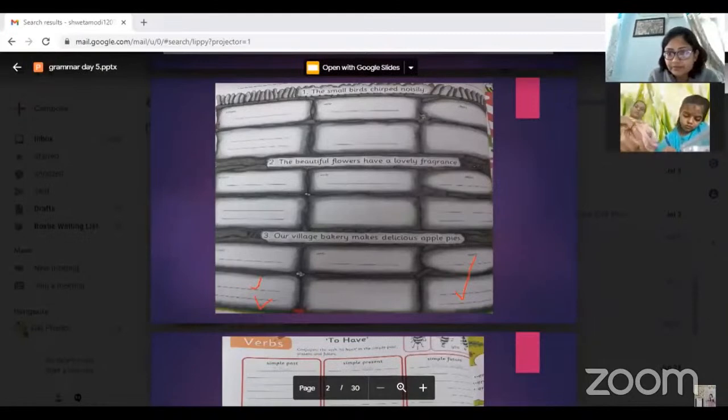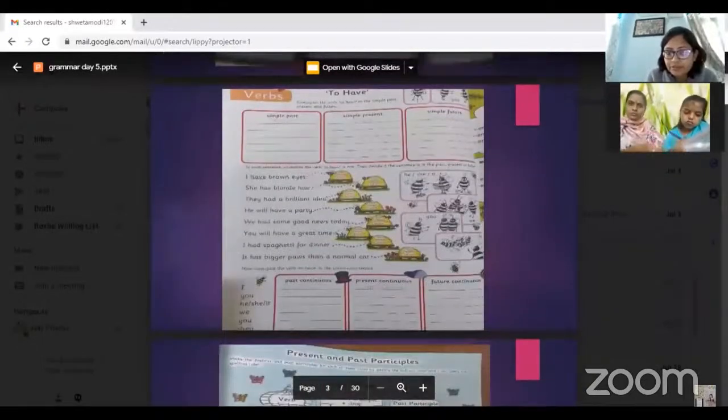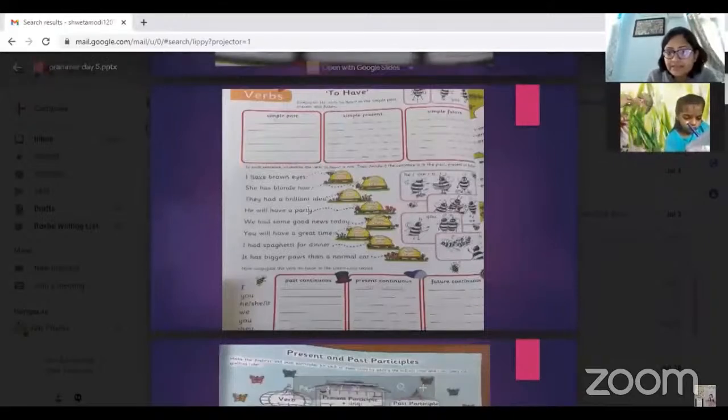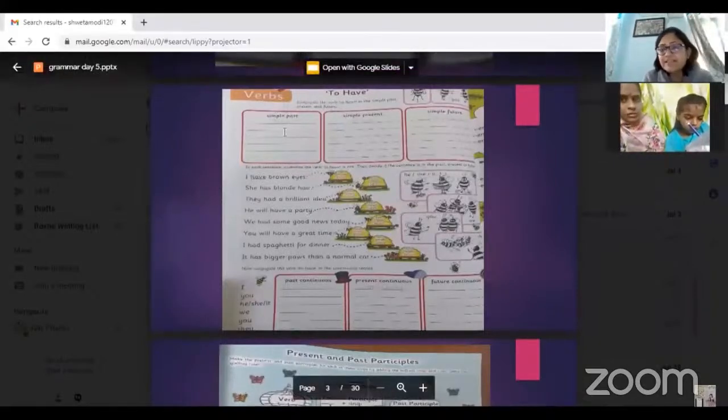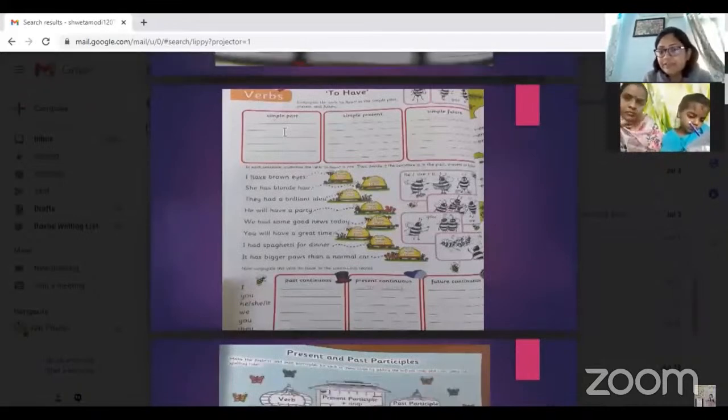Any doubts, anyone? No. Okay. Now from here we have to have. I have, she has, they had. So simple past is had. So every time we will have only had. Simple present is has. Simple future is will have.